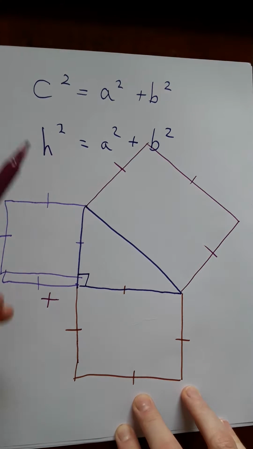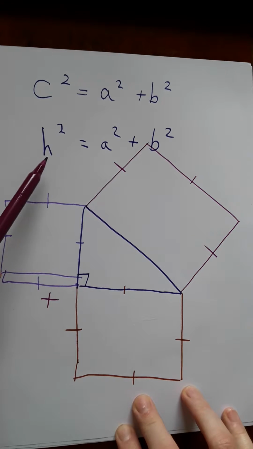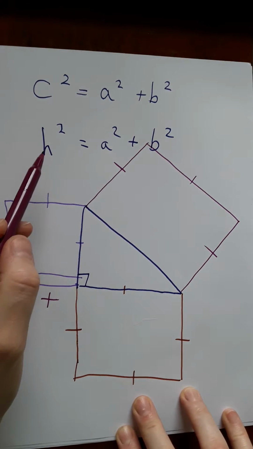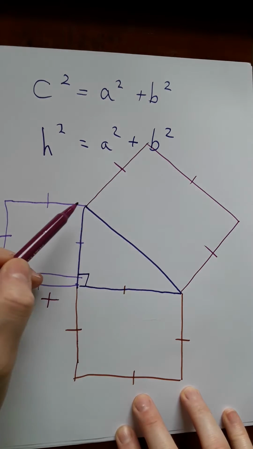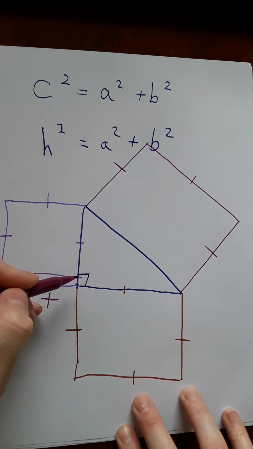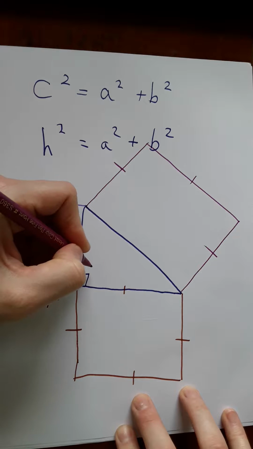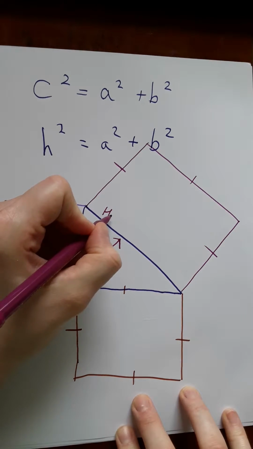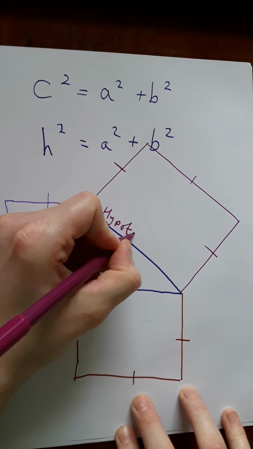So this is why I suggested you learn h squared equals a squared plus b squared, because the longest side of a right angle triangle, which is always opposite the right angle, has a special name, and that's called the hypotenuse.